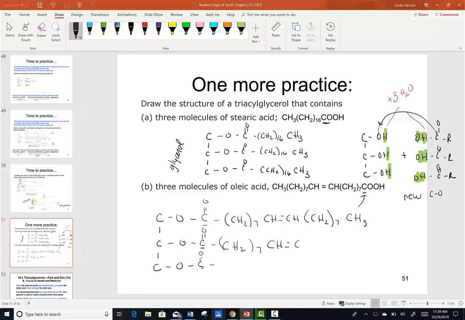This is an unsaturated triacylglycerol. I see the cis conformation of the double bond. There we got it.